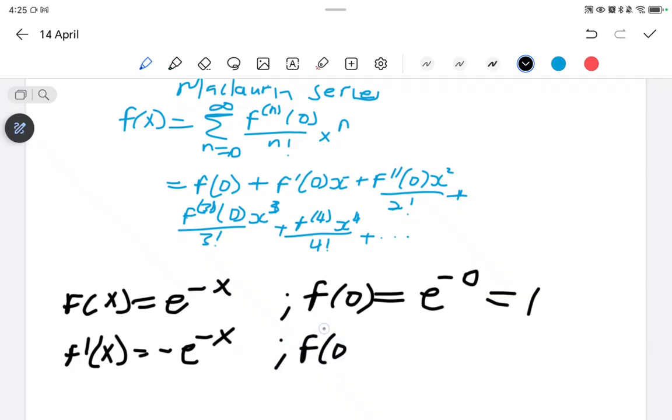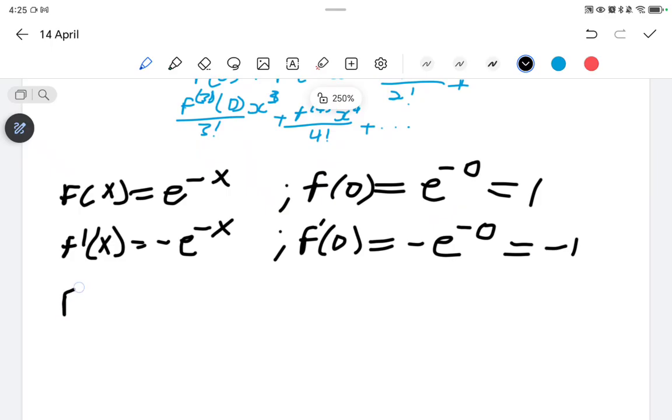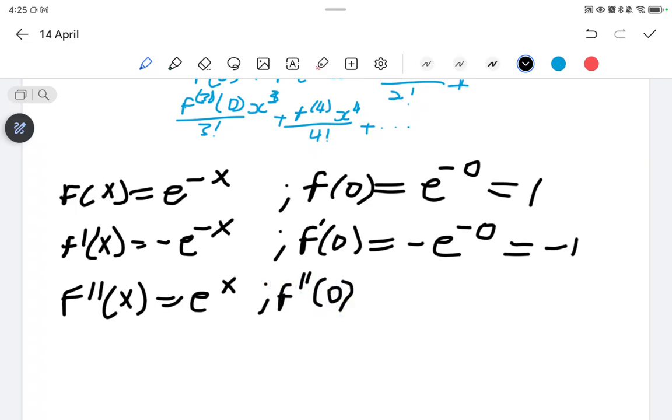Then f prime of 0 is minus e to the minus 0, which is equal to minus 1. We have f second prime of x equal to e to the minus x. F second prime of 0 is equal to e to the 0, which is equal to 1.